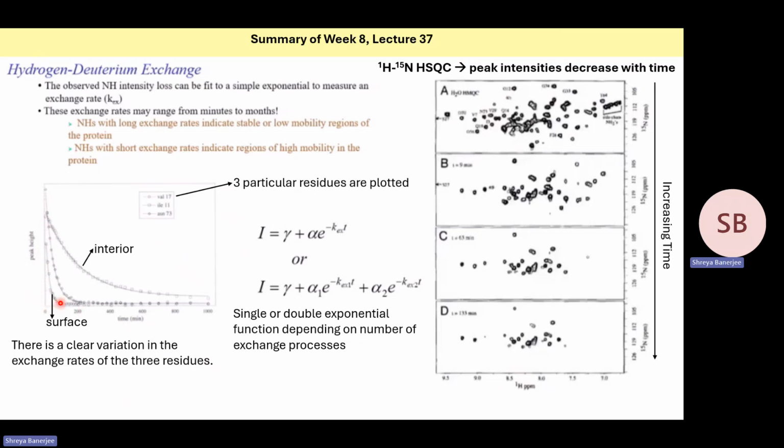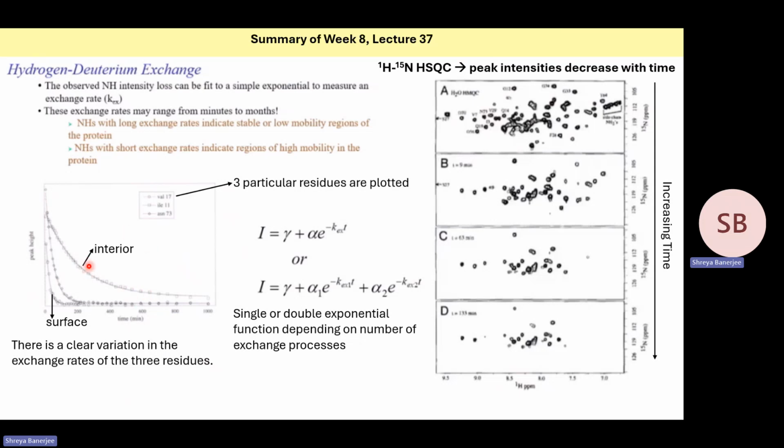That means this amino acid, the amide hydrogen, is being replaced by deuterium most rapidly. So this amino acid must be on the surface of the protein, and that is why the exchange is so rapid. Similarly, if you look at the outermost curve, you can see the rate of drop in intensity is much slower. So the exchange of the amide proton with deuterium is much slower.